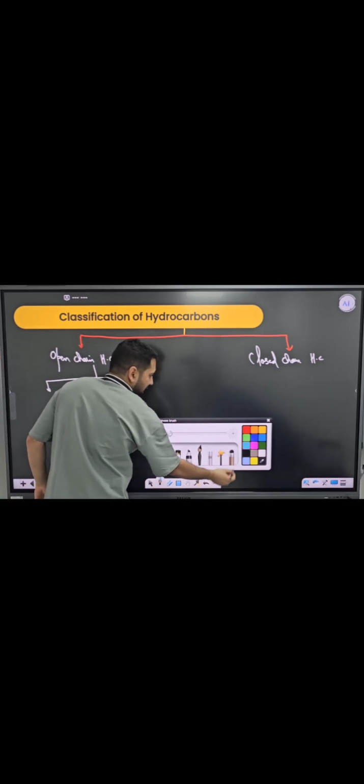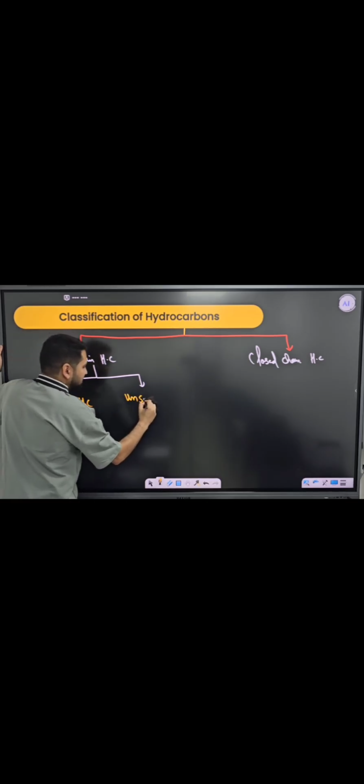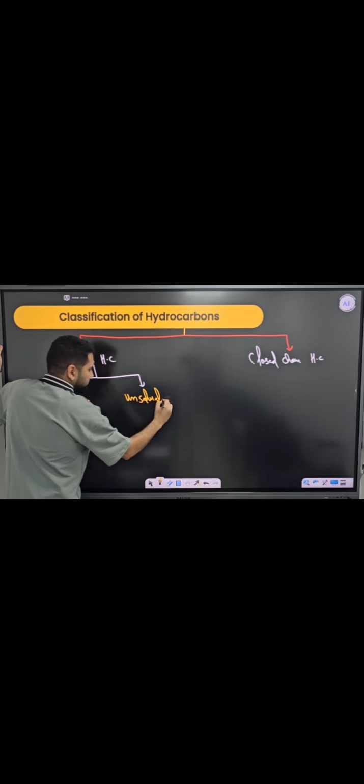One I'll be calling saturated hydrocarbons, and the second one will be unsaturated hydrocarbons.